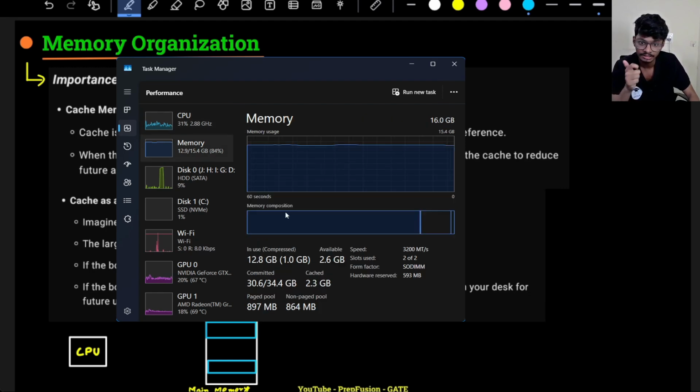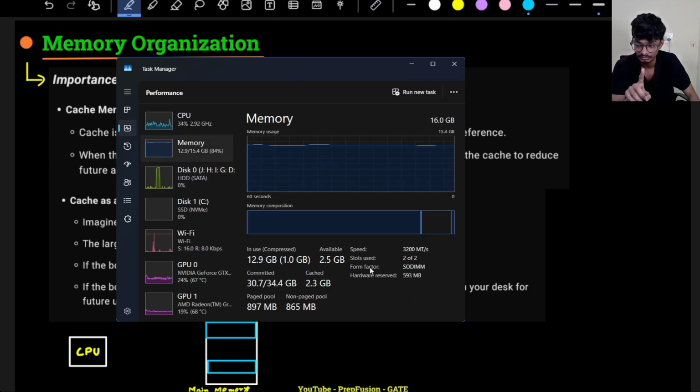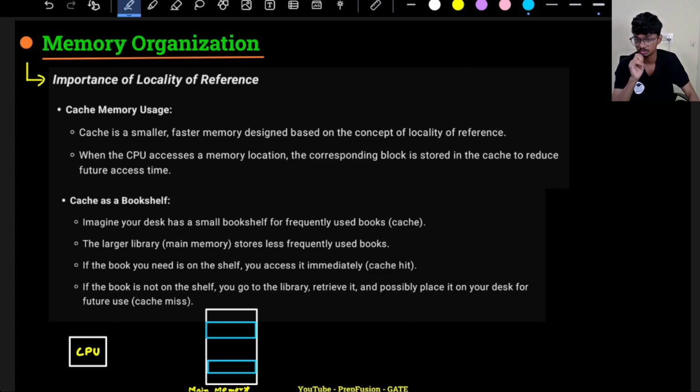You have definitely heard that the RAM is upgradable. You have definitely heard that the hard disk is upgradable. All these things are upgradable, but you have never heard that cache memory is upgradable. It is very close to the CPU. That's why sometimes cache memory is also called on-chip memory, because the chip is the CPU.